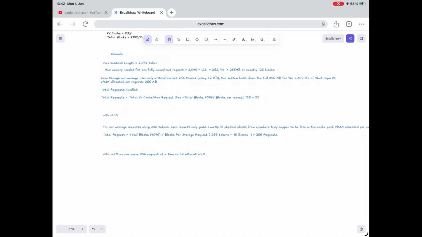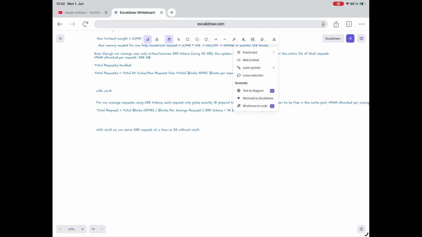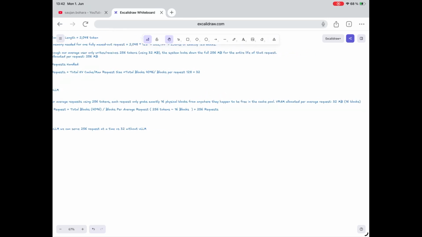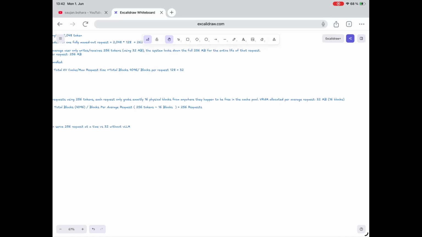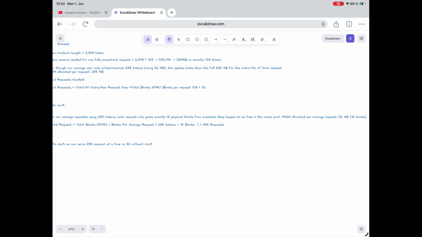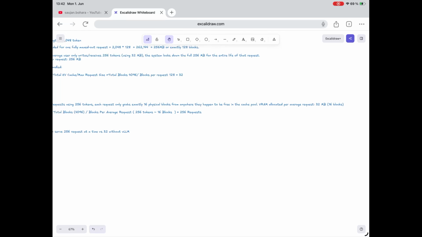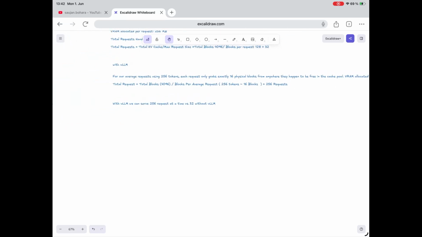But with vLLM, for our average request using 256 tokens, each request only grabs exactly 16 physical blocks, anywhere free in our cache pool. It does not need to be a contiguous block. Only the virtual part would be contiguous, right? So VRAM allocated per average request would be 32 MB instead of the entire 256 MB because of the 16-token block size.